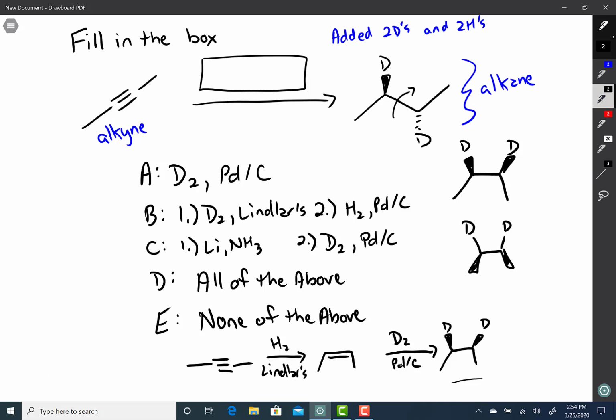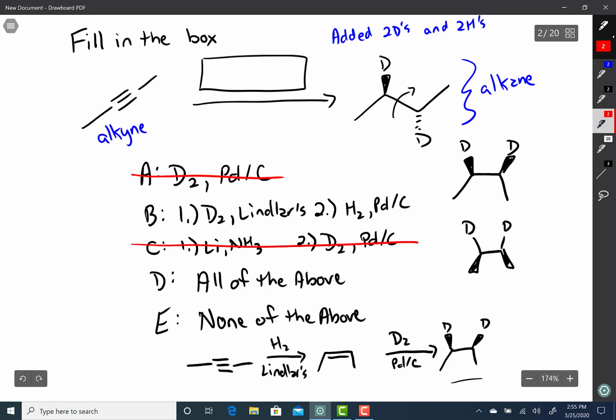And when we look at our options, we know it's not A. B has Lindlar's and palladium on carbon. That's an option. C has lithium and ammonia. That's not an option. All the above is not an option. So we're down to B or E. Well, if we take a look at this, remember, hydrogen and deuterium are interchangeable.